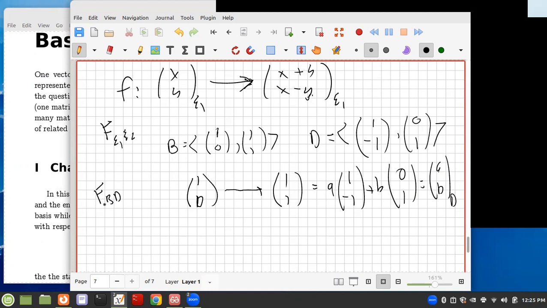So the idea then is that we could find this matrix by finding the identity map that would take us from 1, 0 to this map that then goes over here. And that's just what I did here. I started from this vector here and then applied this map here to get 1, 1.